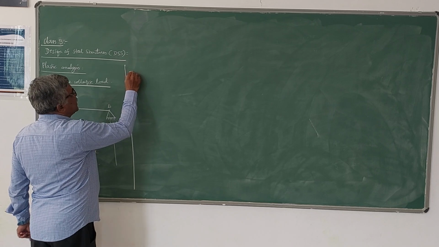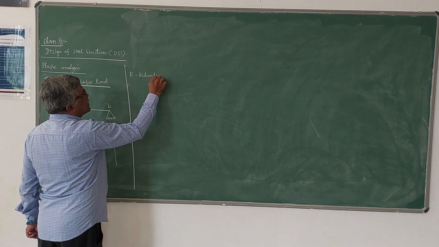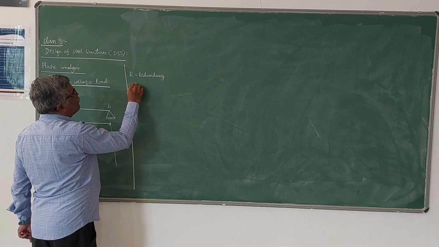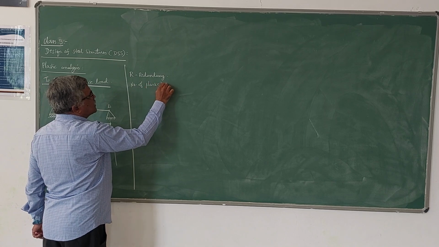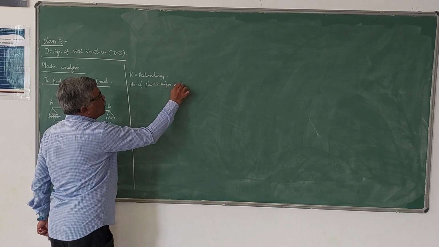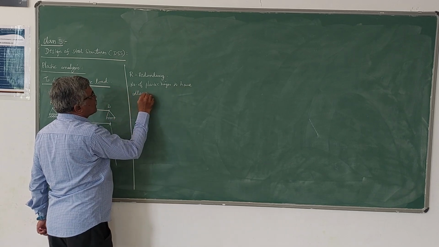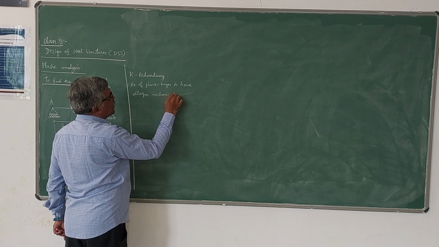Suppose R is the redundancy of a structure, then the number of plastic hinges to be formed to have a collapse mechanism will be R plus 1.